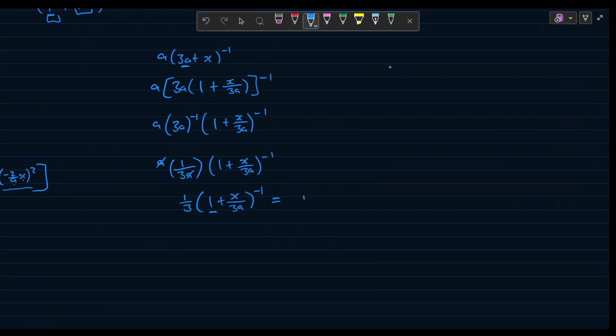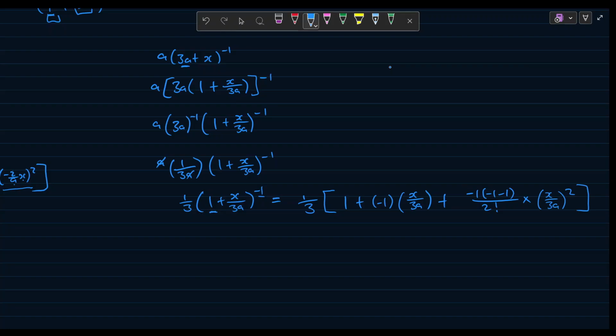So this is 1 over 3, and it's going to be 1 plus n, our n is negative 1, and our x is x over 3a. So x over 3a, plus n(n minus 1) over 2 factorial multiplied by our x, and this is squared.